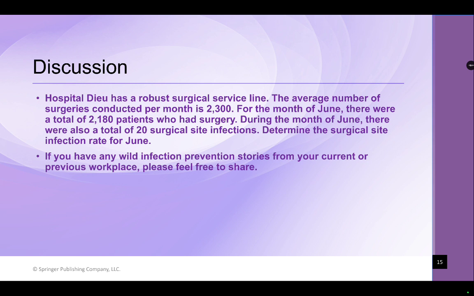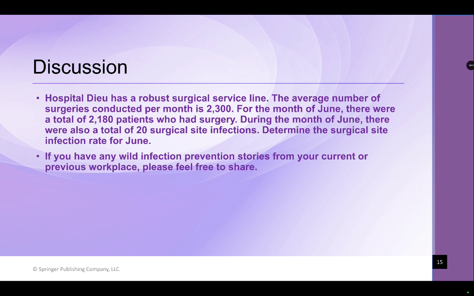The average number of surgeries conducted per month is 2,300. For the month of June, there were a total of 2,180 patients who had surgery. During the month of June, there were also a total of 20 surgical site infections. So in this problem, we want to determine the surgical site infection rate for June.